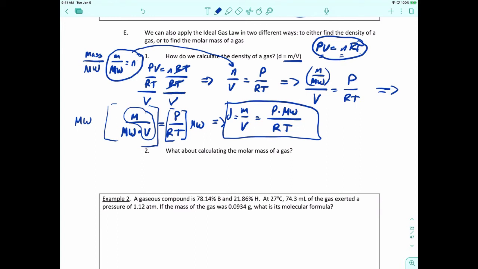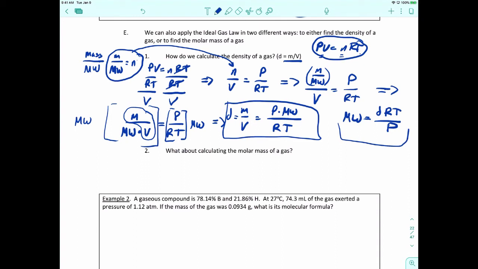Now, keep in mind that if we were to solve for the molecular weight, it would be D, the density, times RT over the pressure. If you know the density, you could solve for the molecular weight.